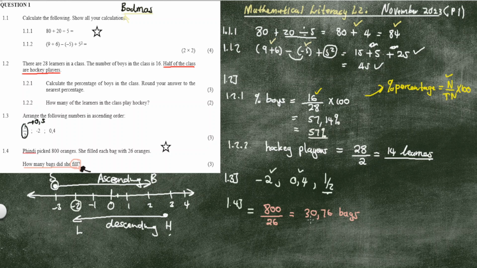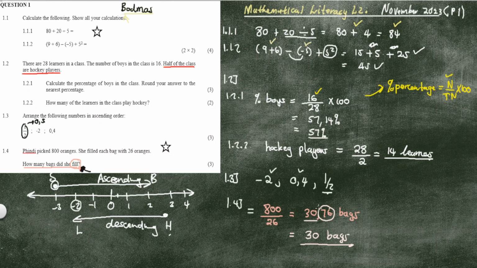Now, actually, there's going to be 30 bags. The final answer should be 30 bags. 30 bags will be filled. The 0.7 is saying that there's actually a bag that exists, but it's not filled with 26 oranges.